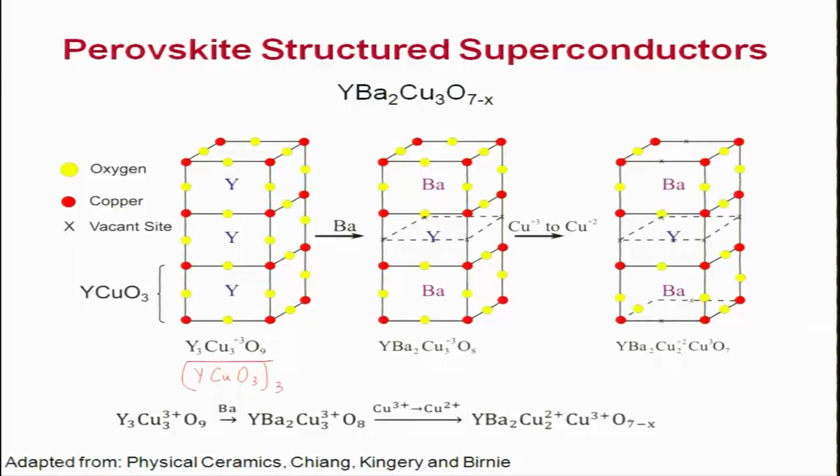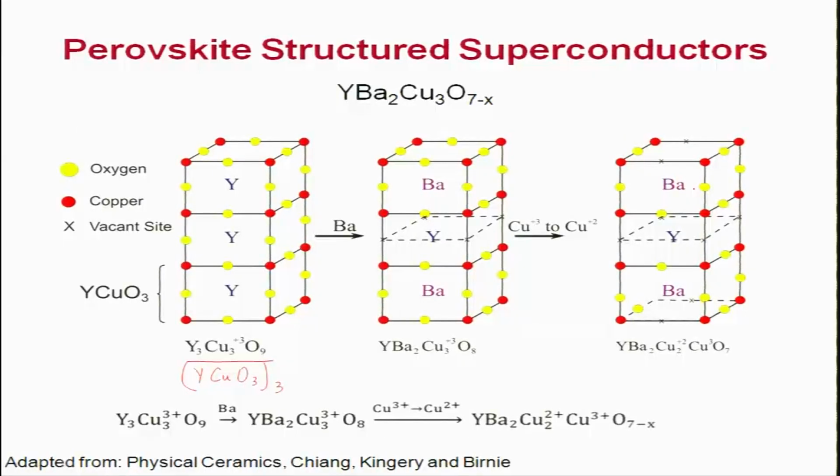So, you end up having 7 minus X, and this 7 minus X state is the superconducting state. You have many more vacancies of oxygen: these are empty oxygen sites. So, this is a perovskite unit based structure which is modified into a superconductor. The basis is still perovskite, it is just a modified perovskite.